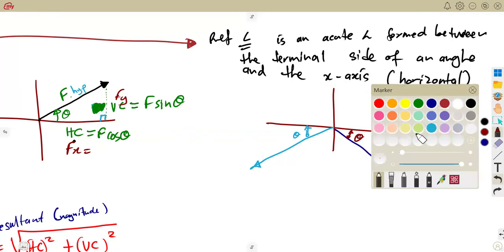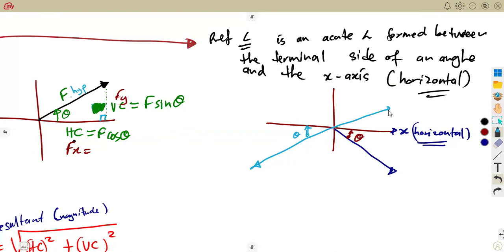If it was in the first quadrant, guys, like this, this is your force, this is the horizontal, and in between is the angle that you have here. If it is in the second quadrant like this, we are going to have the force and the horizontal, your x-axis, and in between is our theta.